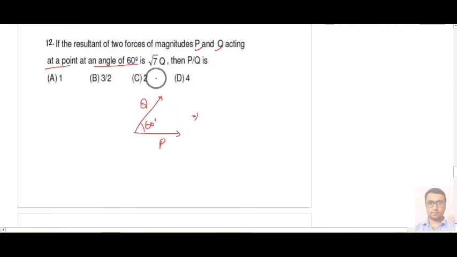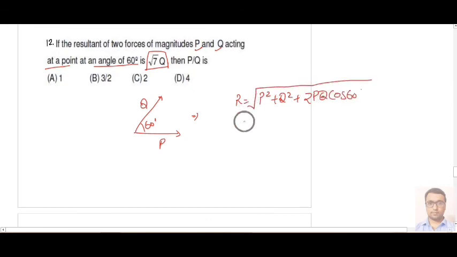Their resultant we have to calculate, and it is root 7 Q. We know that the resultant of two vectors can be given by the formula p square plus q square plus 2pq cos 60. So for this we will write our resultant root 7 Q, and it will be equal to the square root of p square plus q square plus 2pq, and cos 60 is 1 by 2.